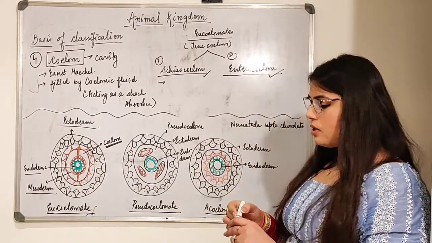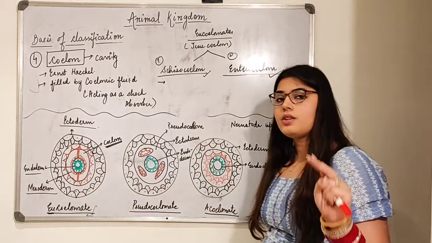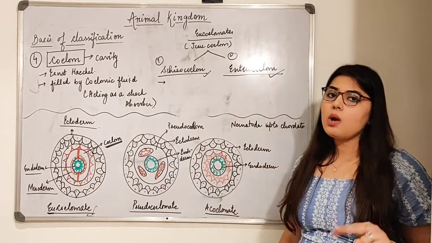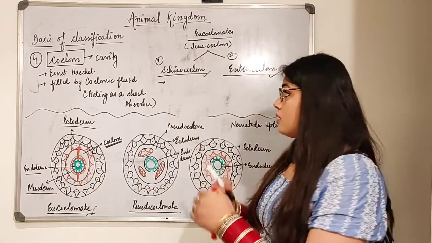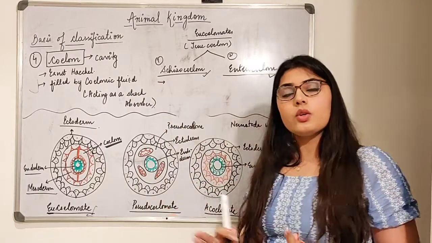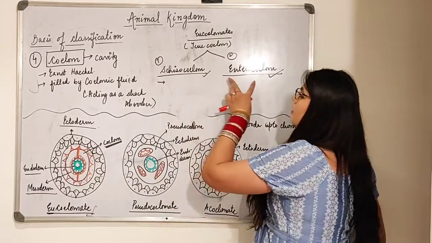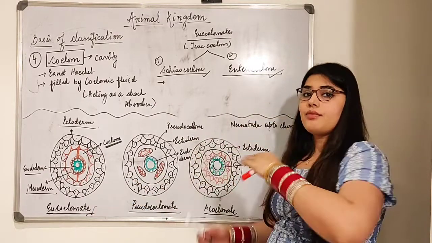What happens in schizocoelom, beta? The mesoderm is divided into two parts: the inner mesoderm and the outer mesoderm. The process is a little different in both, but the end result of both these processes is the formation of a coelom.